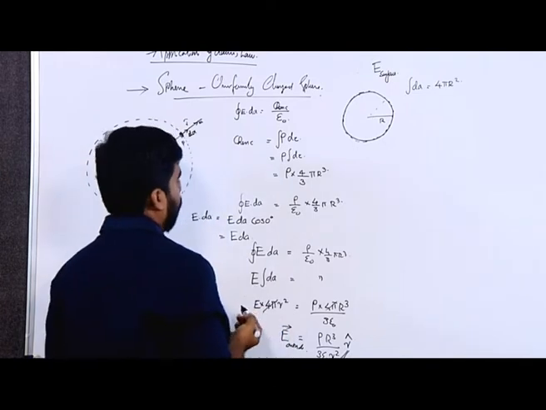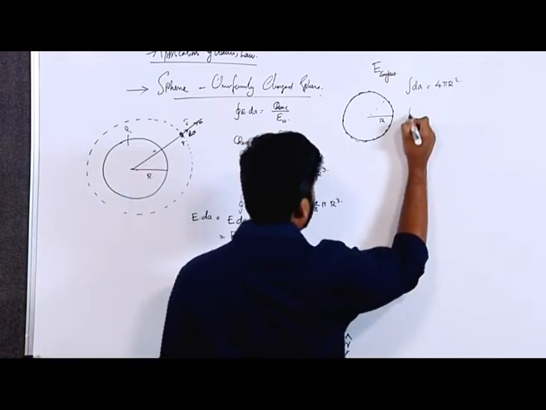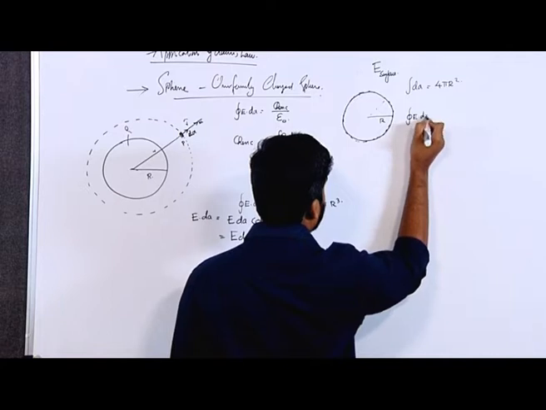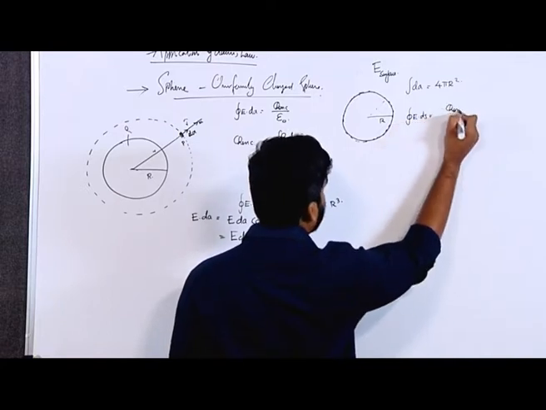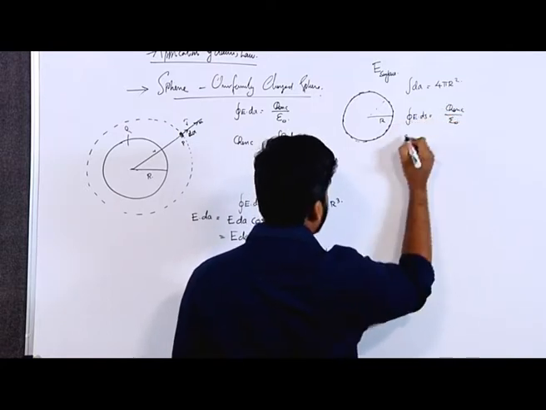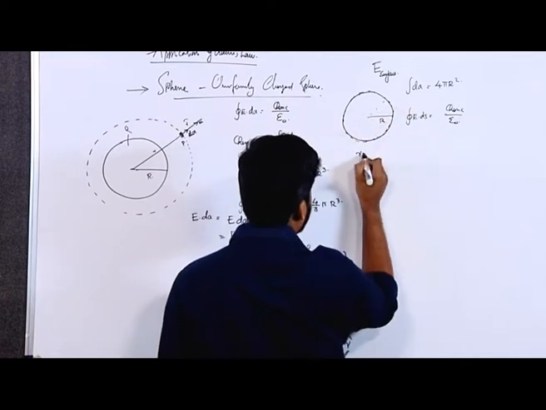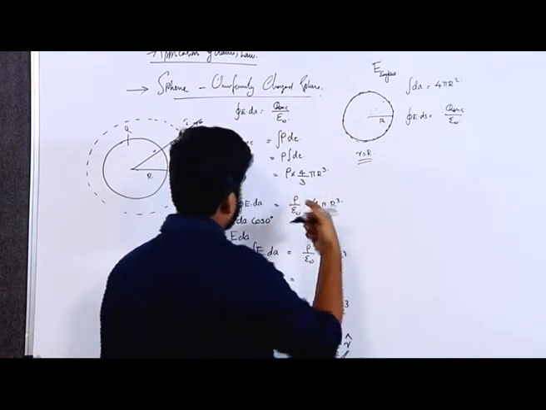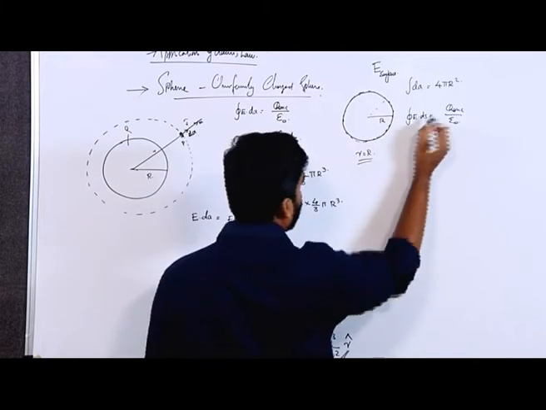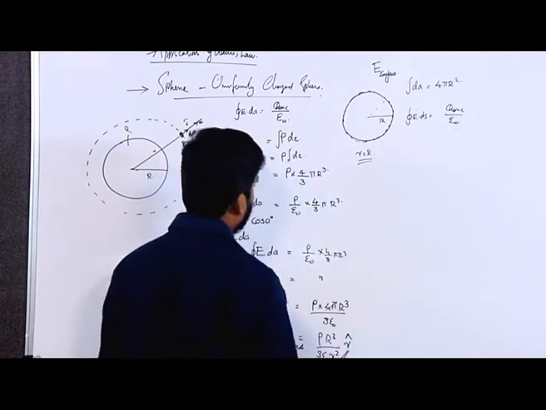So I can write Gauss's law, closed integral E dot dS is equal to q enclosed by epsilon 0. Taking it in a simple step you can take r is equal to R, but as a process I will show how this will become r is equal to R.